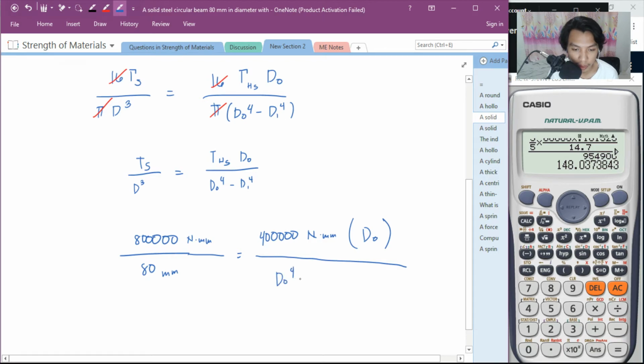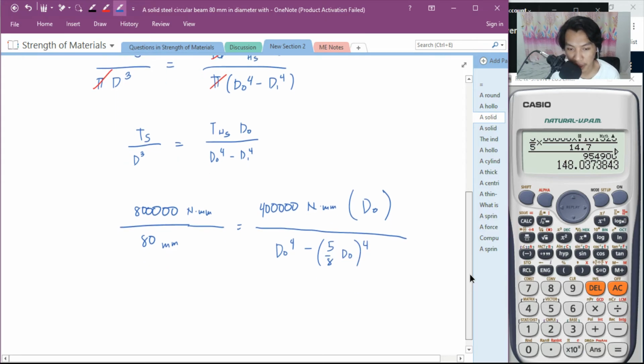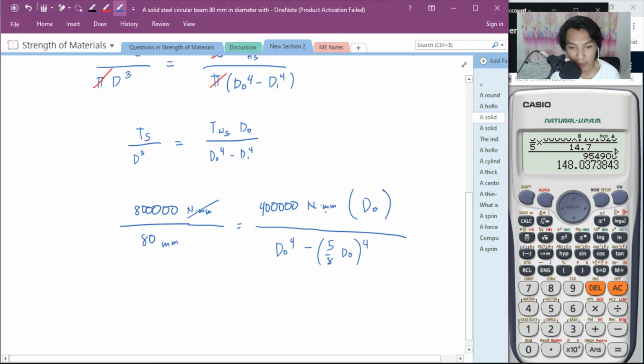Do to the fourth minus Di, which is 5/8 of Do, to the fourth. We simplify, cancel all the same units; the Newton-millimeter leaves millimeter.